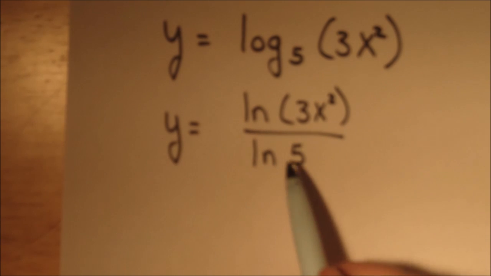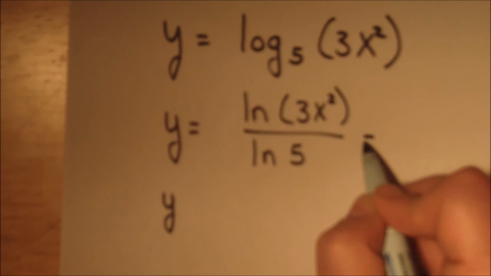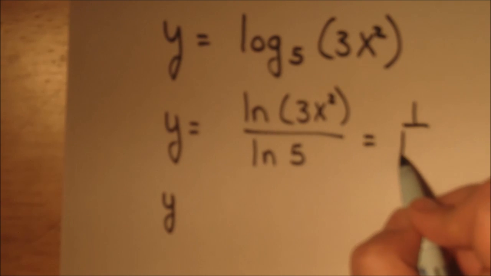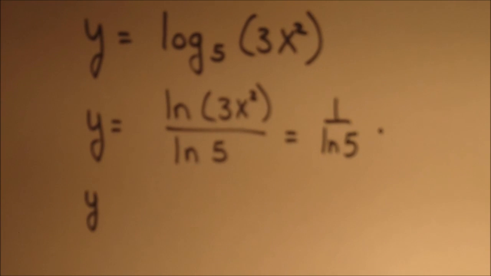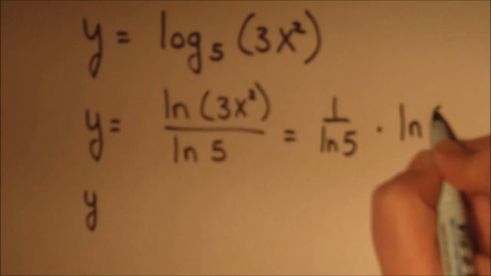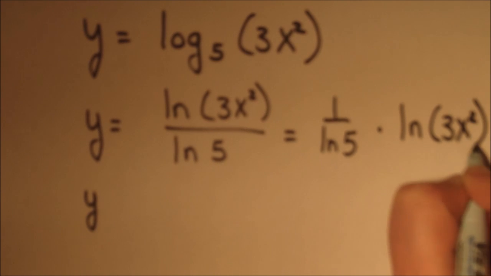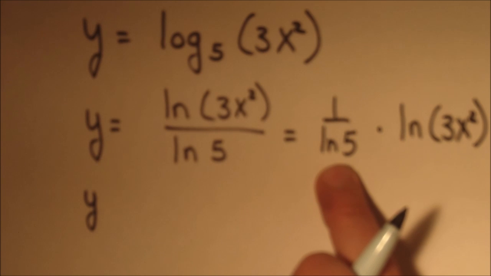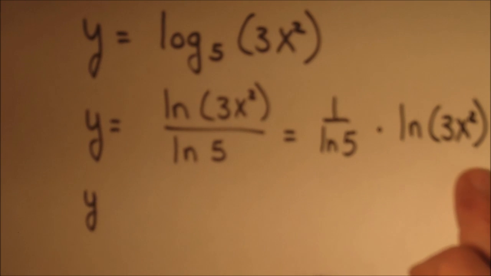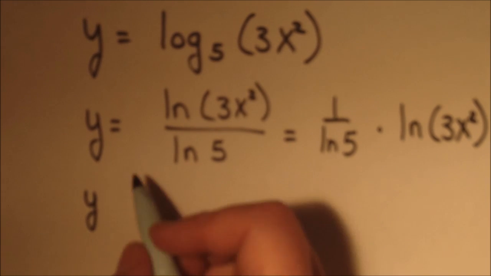And remember, when I go to take this derivative, let me write it like this. I'm going to separate this. This is a constant times natural log of 3x squared. Using the constant multiple rule, ignore the constant for a minute, take the derivative, and multiply the constant in at the end.